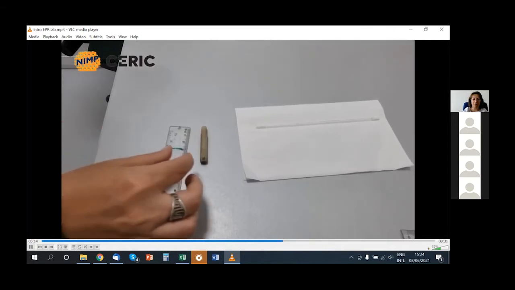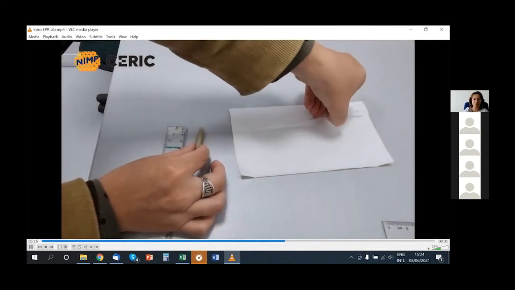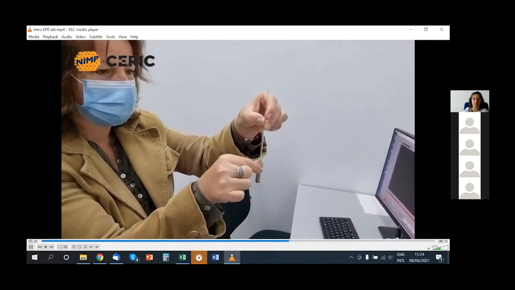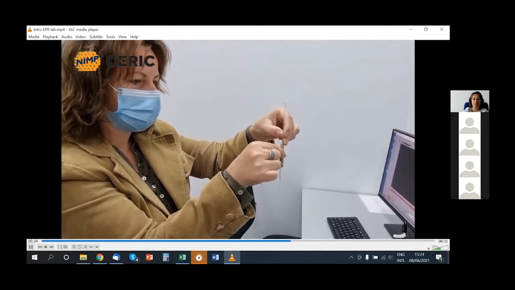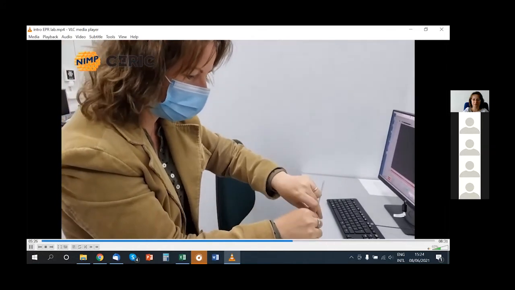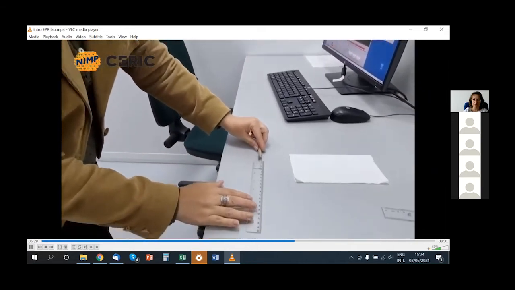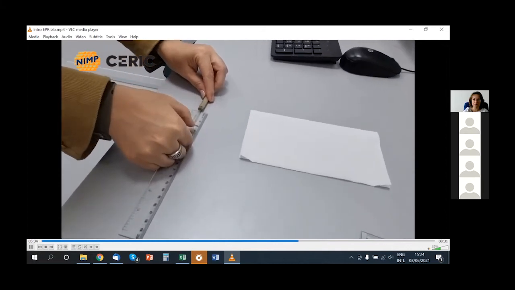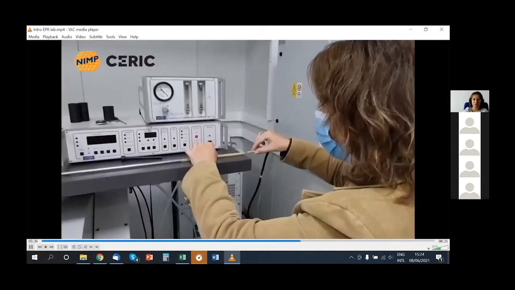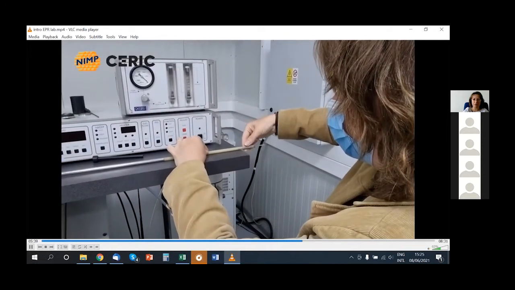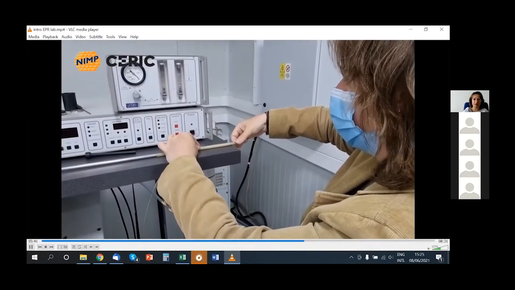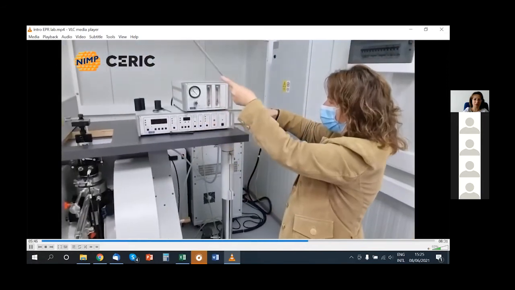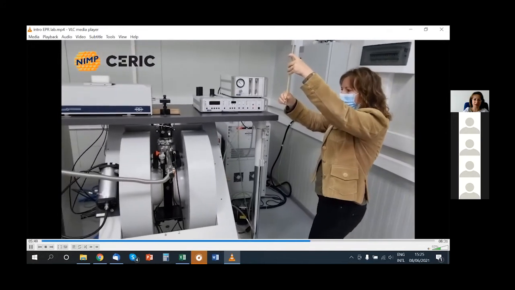The sapphire sample. So this is the way to mount the sample. There is a quite long holder we have to insert in the cryostat.